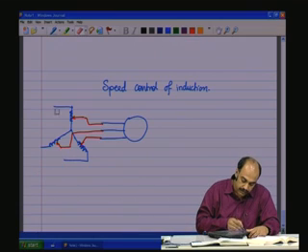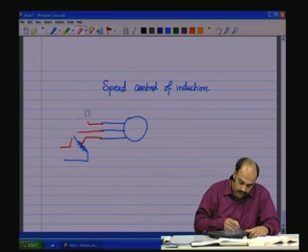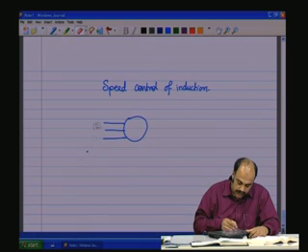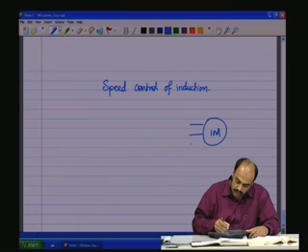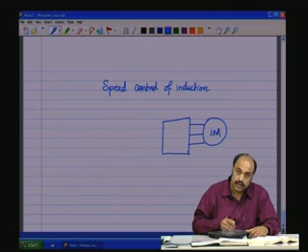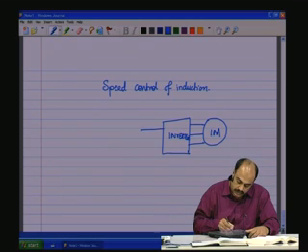One could also do a V by F control by introducing some electronics. That is, you have an induction motor. The three phase induction motor is driven not directly from the source, but by a three phase inverter, which is getting DC from a capacitance bus.